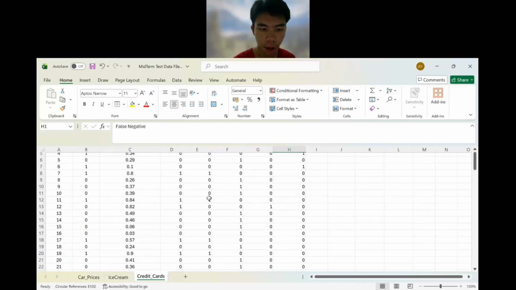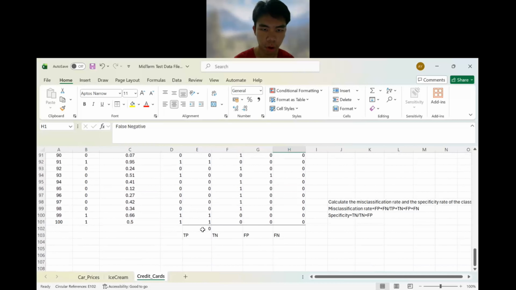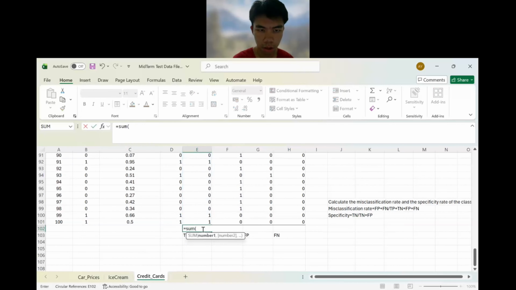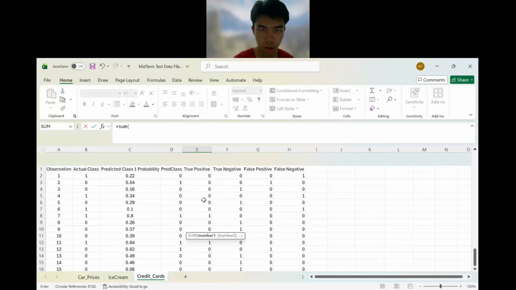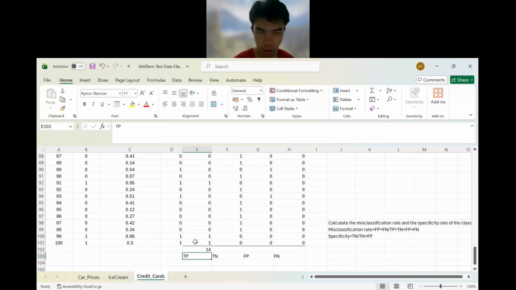Now I will count the 4 outcomes using this helper column. Alright, so this is the answer.